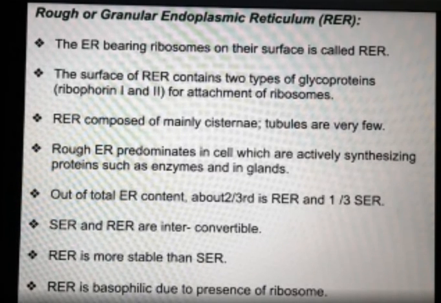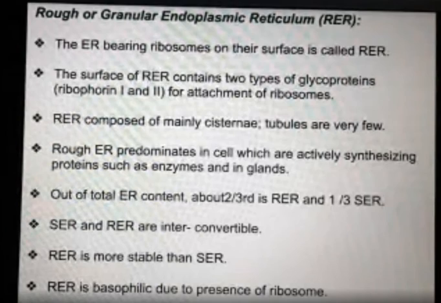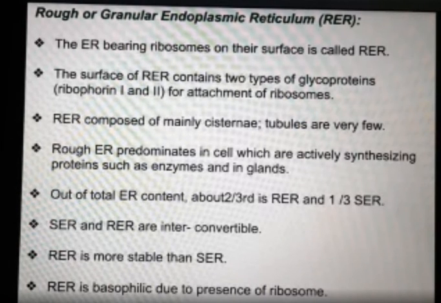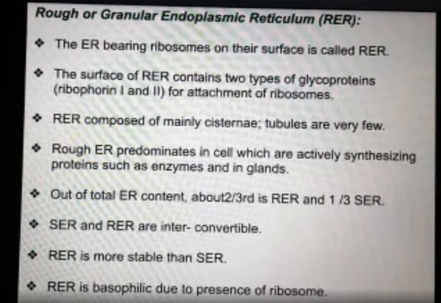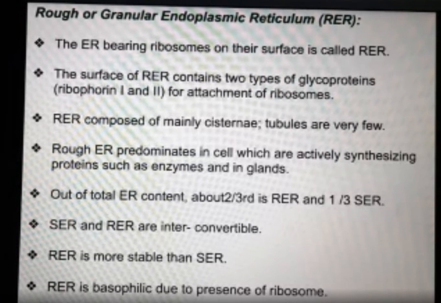So depending on rough and smooth, their structure differs. If it is rough, then a number of cisternae, or sac-like structures, are arranged parallel. That is found in the case of rough endoplasmic reticulum. Tubules are in very few number.